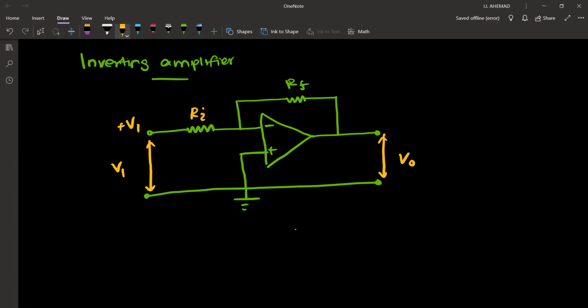Therefore, both conditions are satisfied, so we can apply the golden rules. Golden rule 1 says there is no potential difference between the two input terminals, or that it is negligible. So what is the potential of the positive terminal, the non-inverting terminal? That's 0 volts. Then the inverting terminal also has to be 0 volts.